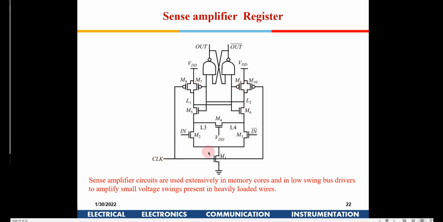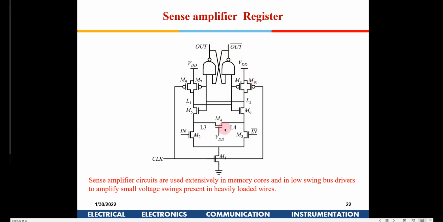The moment the clock goes high, M1 is switched on, and these two act like a differential input, and the cross coupled inverters will toggle the state to 0 or 1 depending on which is higher. If in is high, this will become low and this will become high. Correspondingly, if in bar is high, this will become low and this will become high. So this is a cross coupled inverter driven by a differential amplifier, and accordingly the outputs will be set to high and low. Okay, that is how this works.